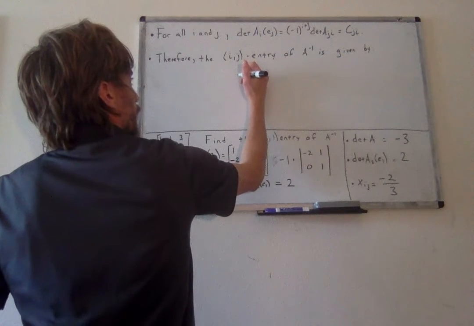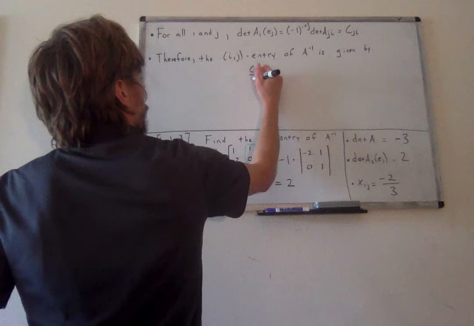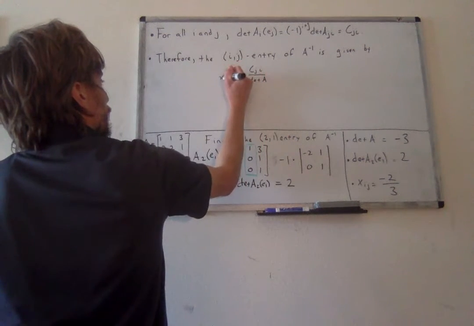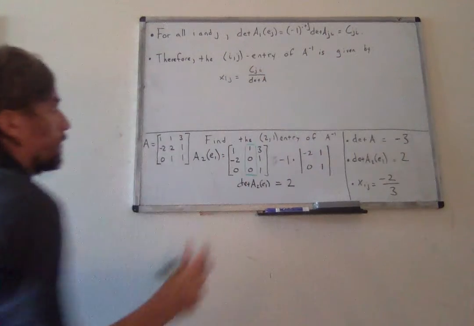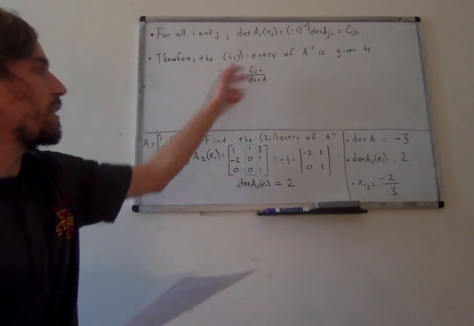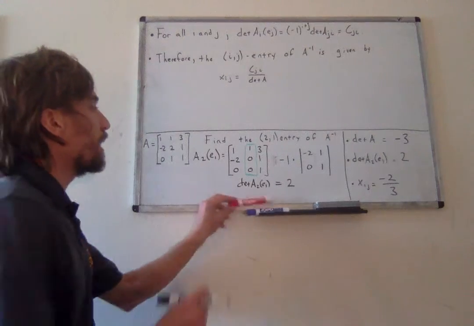It's given by c sub ji over the determinant of A. And so remember, this is the entry x sub ij. And so again, notice the switch in indices here, and just be very careful about it. I think it still gets me every time keeping track of it.